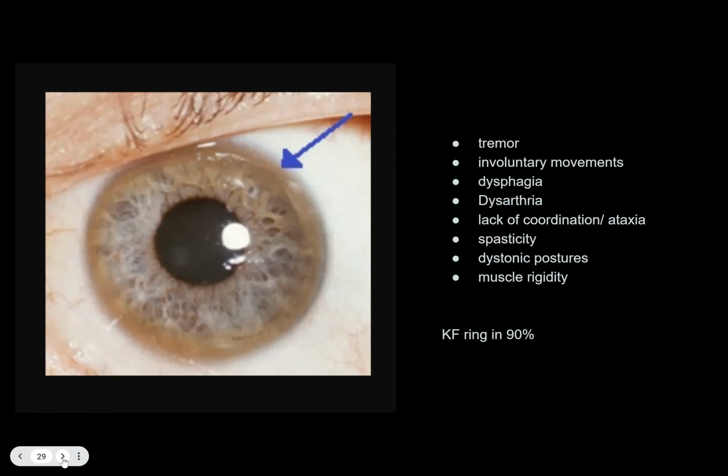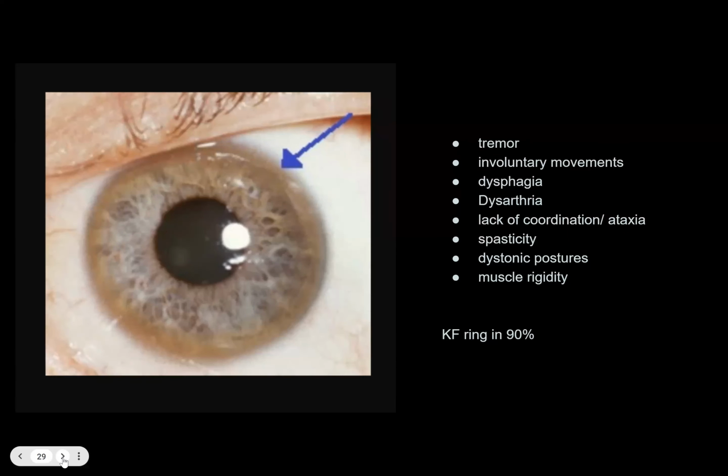Initially, they will describe it as an intermittently freezing gait. Intermittently, he will feel like he can't move properly. Then he might develop ataxia and spasticity, dystonic postures, muscle rigidity. And this is obviously neuro-Wilson, and most of the children, 90%, will have this.